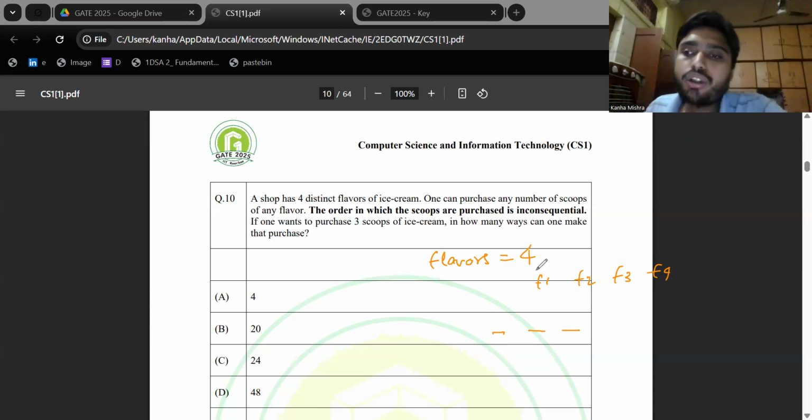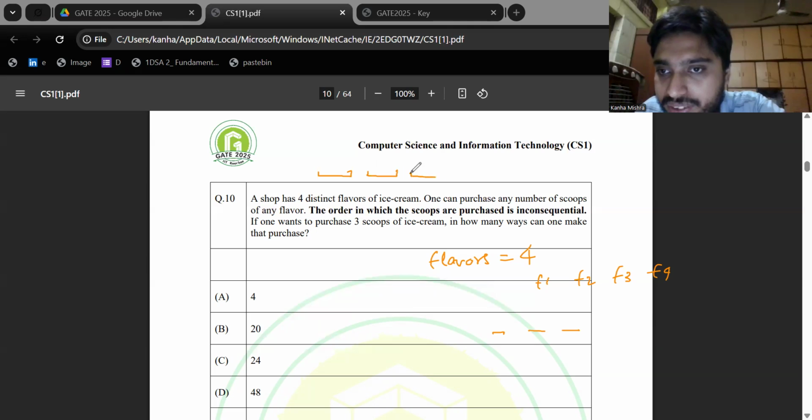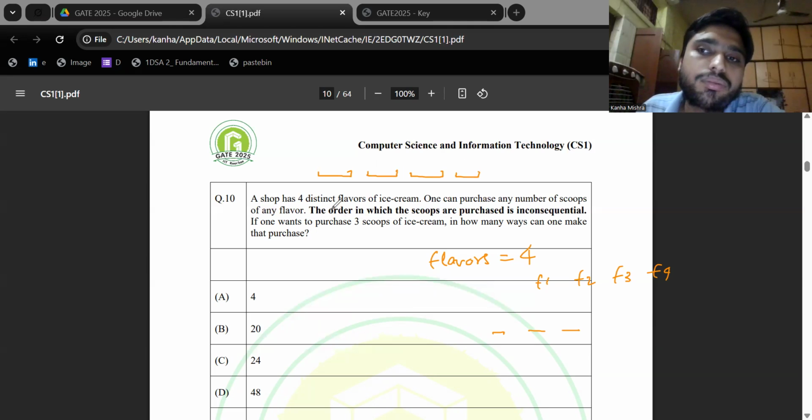Let's say this is flavor one, this is flavor two, this is flavor three, and this is flavor four. How will I divide them?